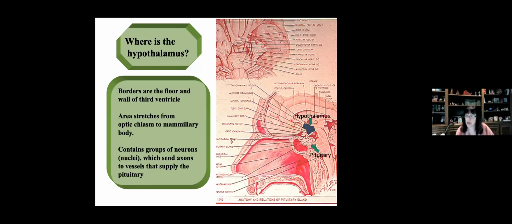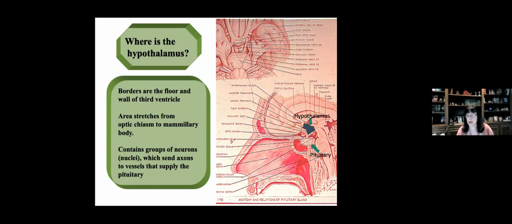So let's focus on the place where it is in fact integrated, and that is the hypothalamus. You can see that right here, and I've colored it in black. The hypothalamus uses the pituitary, which is right here, the master gland, and I'll show you the parts of the pituitary. Basically the hypothalamus extends from the optic chiasm, which is right here, back to the mammillary body.